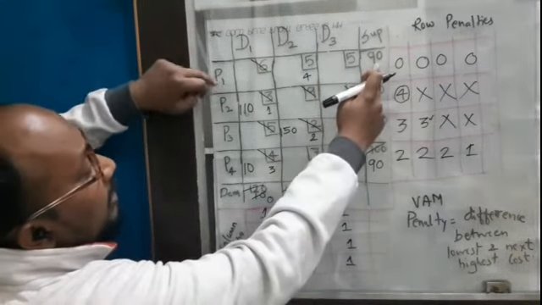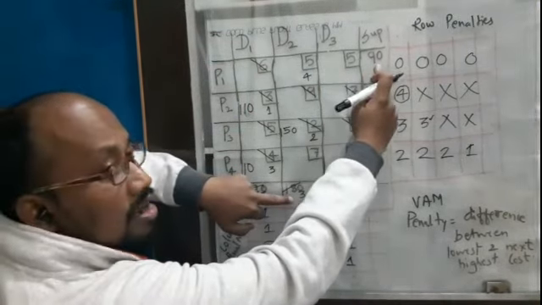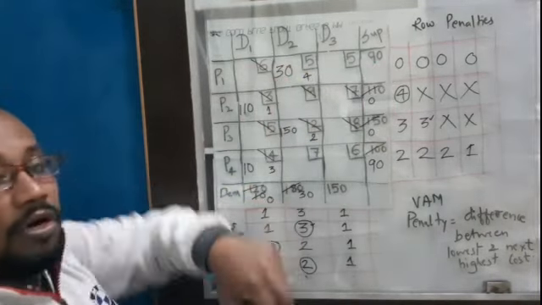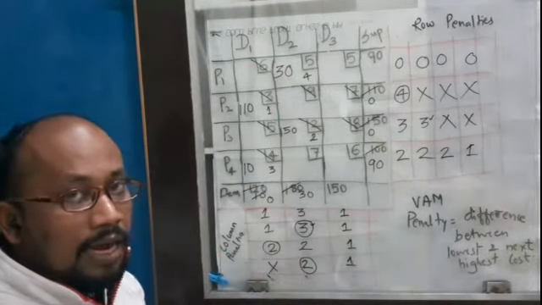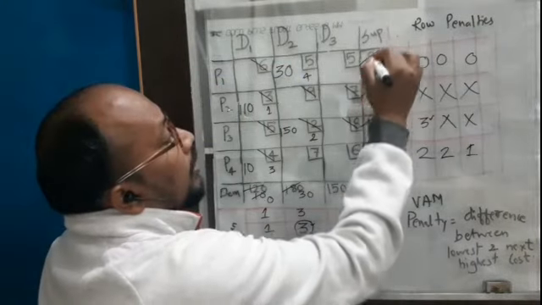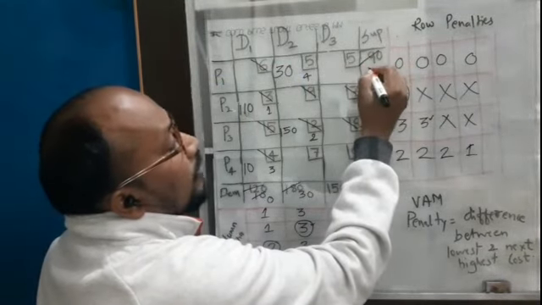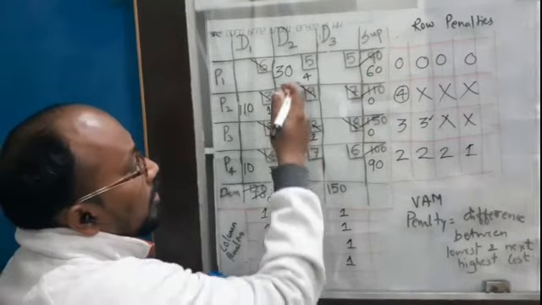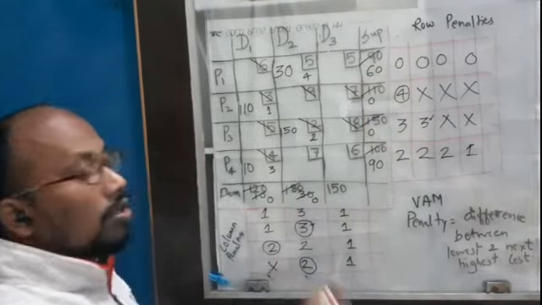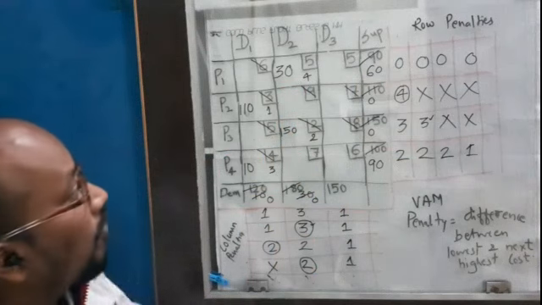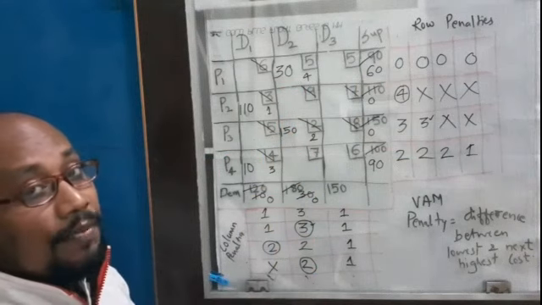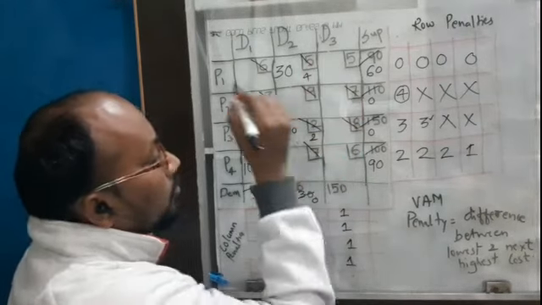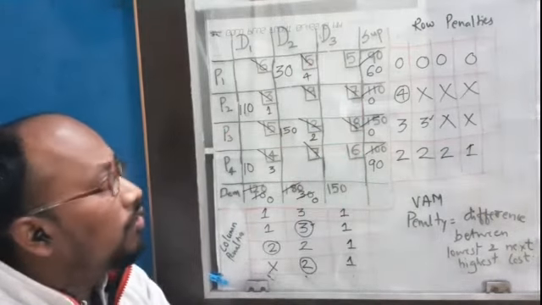P1 can provide 90, D2 requires 30. The minimum of these two is 30. Update supply and update the demand. So out of 90, 30 has been transported, 60 is remaining. Out of 30, 30 has been received, so demand is satisfied. We will eliminate this D2 from the table, so cut the cost of D2.